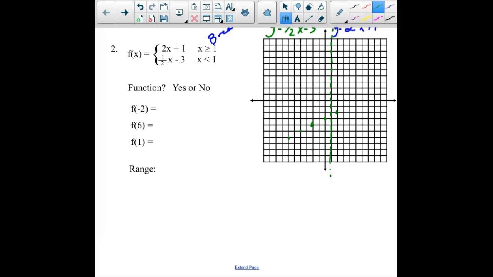Okay. Is it going to be an open or closed dot? Okay, because it's not equal to. We're doing this one, right? So where I would hit that dotted line, I'm going to make an open circle. Let's clean that up so it looks like an open circle. Okay.